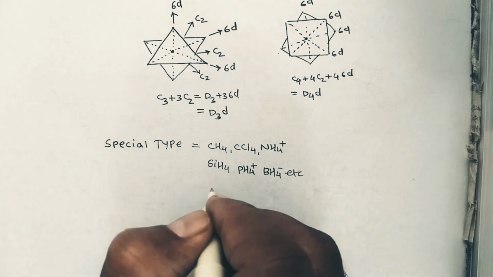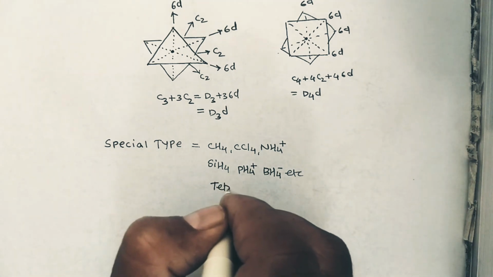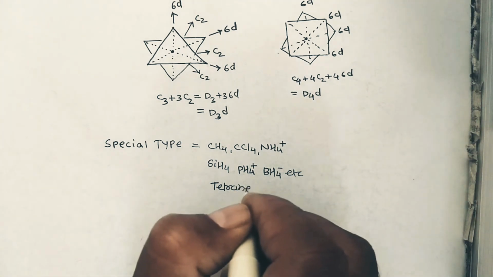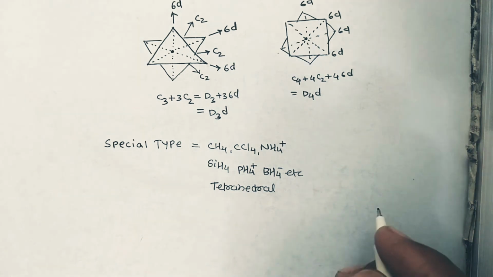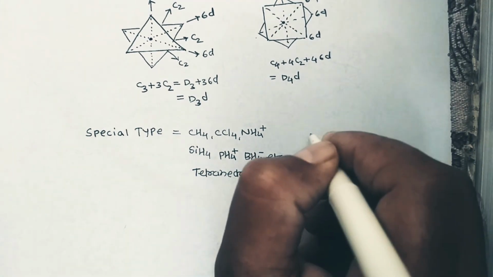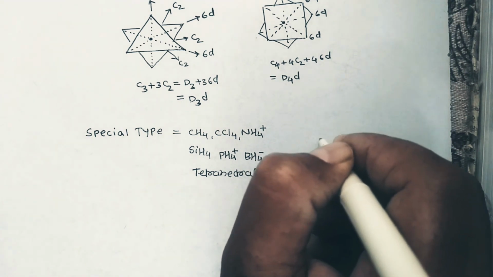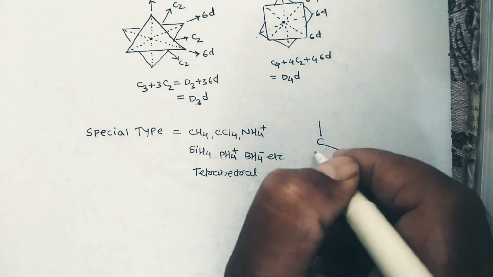All these molecules or ions are having tetrahedral geometry. Like this. Suppose we will take a simple example of methane.